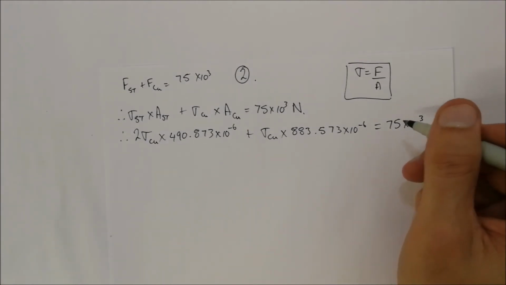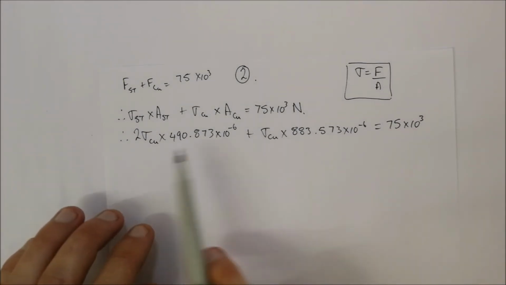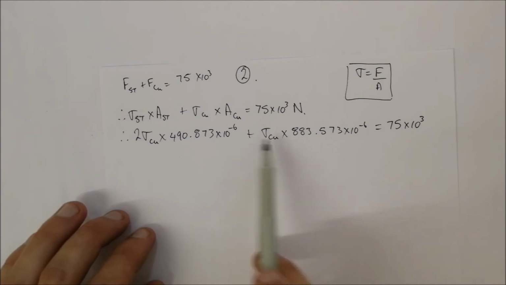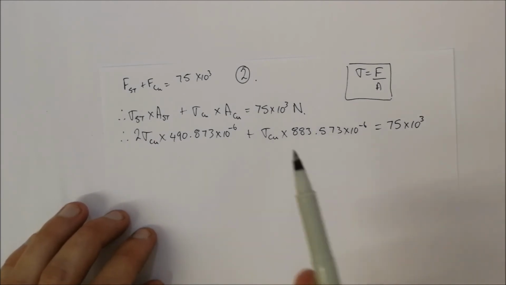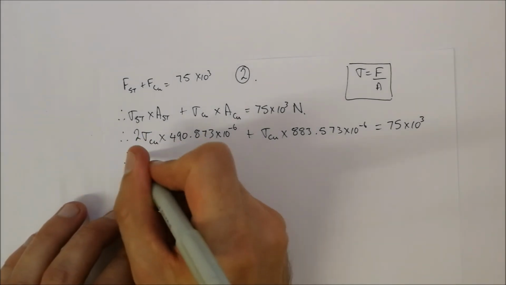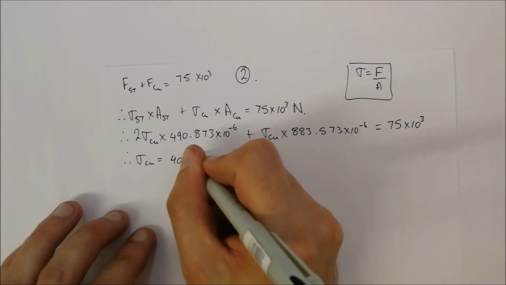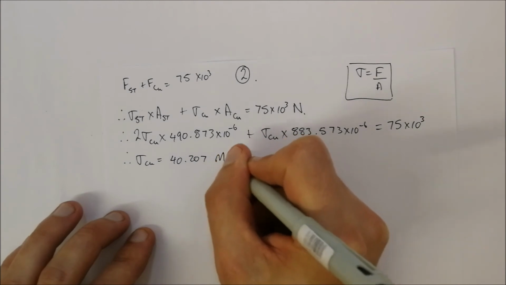Okay, so now we've got one variable that's unknown, the stress of copper. So we're going to make that the subject of the formula, and you calculate that, and you find that the stress of copper is equal to 40.207 megapascal.